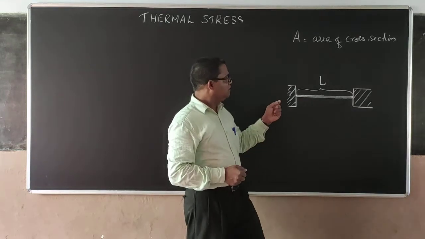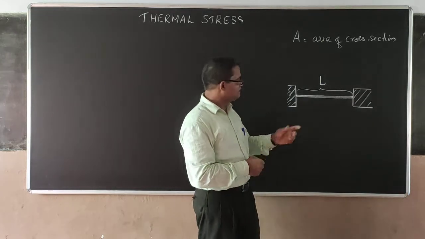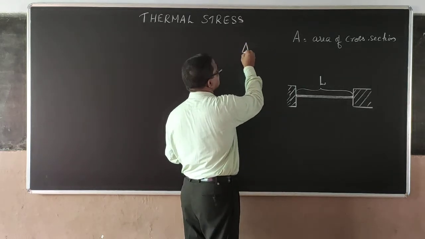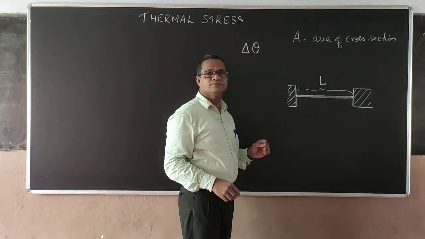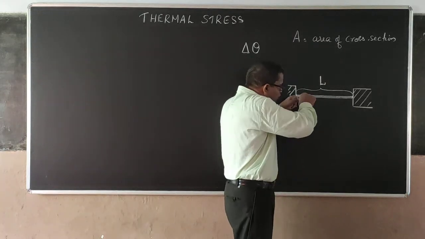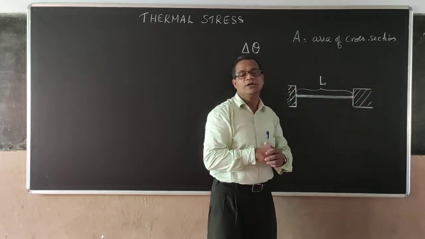But if I start heating the metal rod through a temperature delta theta, due to that increasing temperature, you can find that the rod will be trying to elongate, but the clamps are not allowing it to expand.